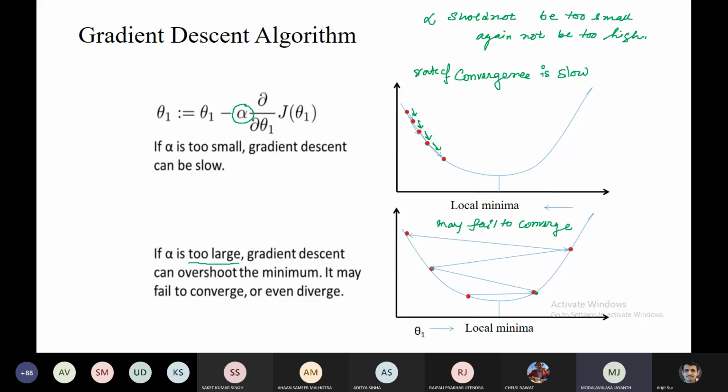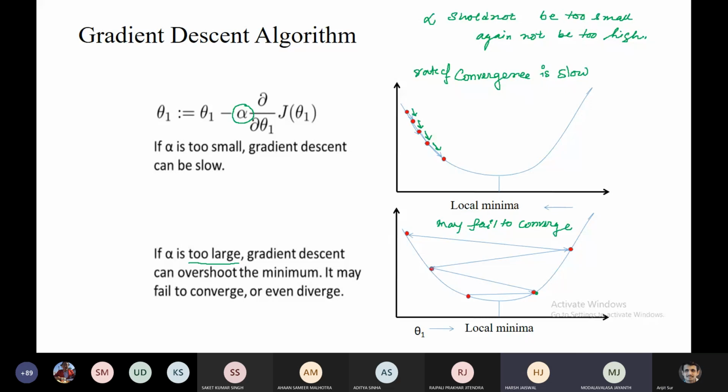Sir, I have a doubt. Sir, alpha is the learning rate of our machine? Learning rate of this algorithm, yes, exactly. If our algorithm is too fast in learning the training data, then it is actually bad.